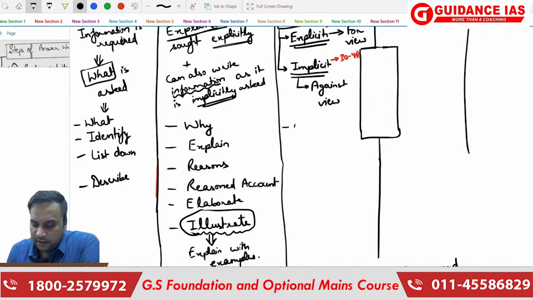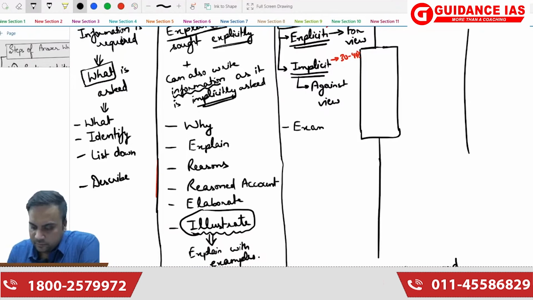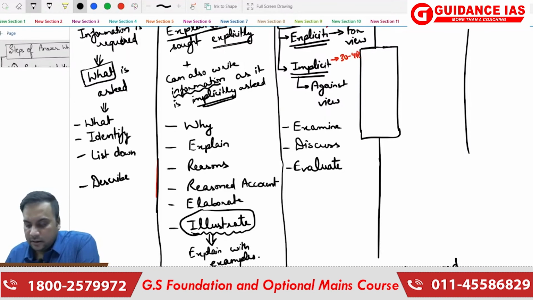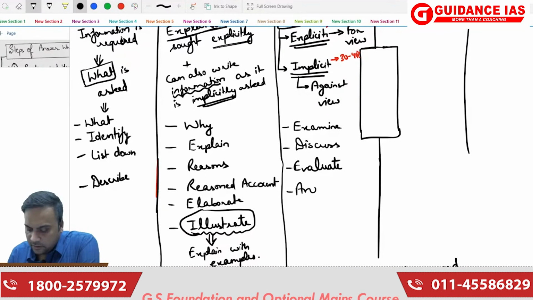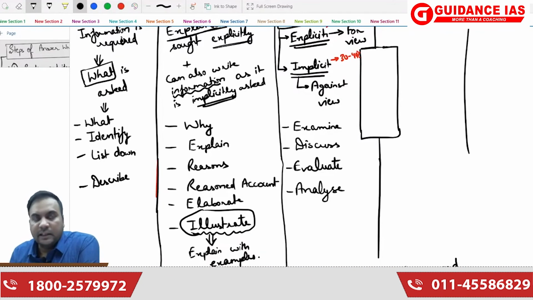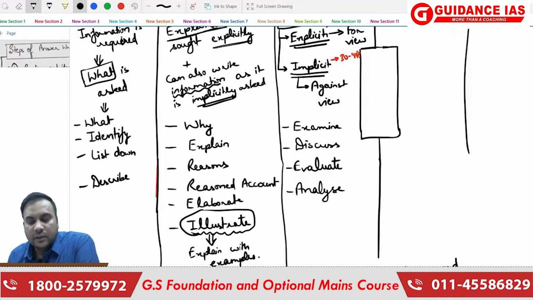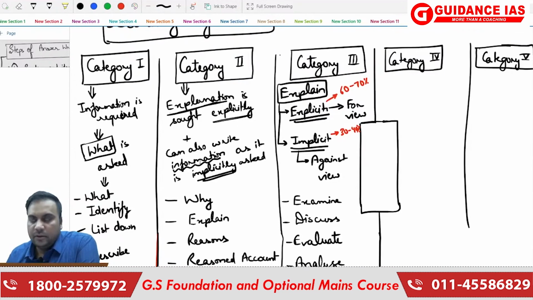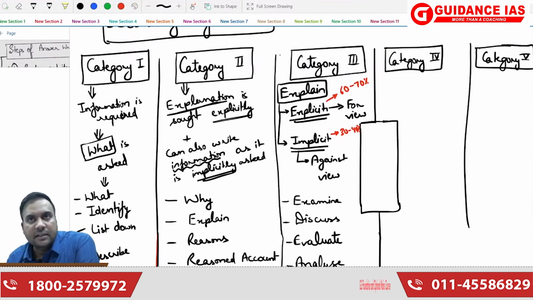So that is the case of category 3 keywords, and here there are a number of keywords, like for example examine, discuss, evaluate, okay, analyze. All these types of keywords fall in this third category. Clearly you can see your difficulty level is increasing.